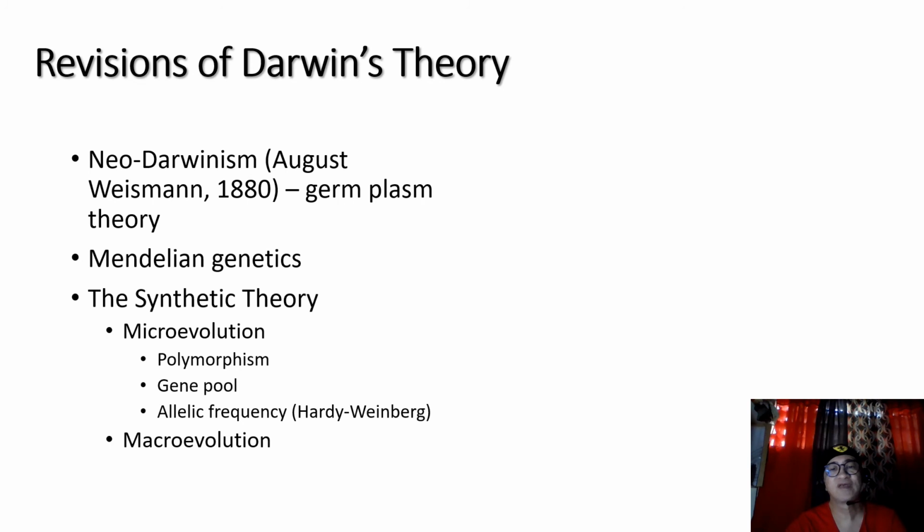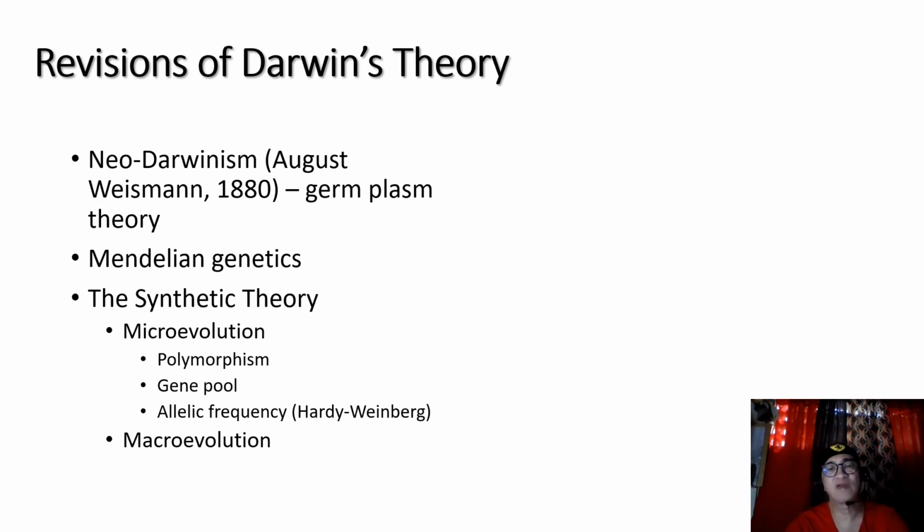Microevolution is the study of genetic change occurring within natural populations. Occurrence of different allelic forms of a gene in a population is called polymorphism. All alleles of all genes possessed by members of a population collectively form the gene pool that a population has.